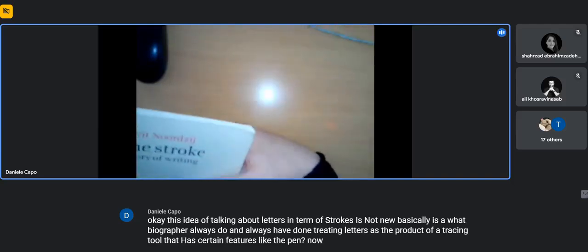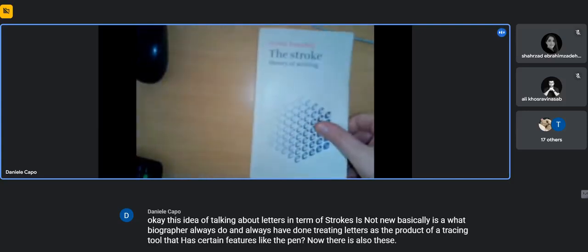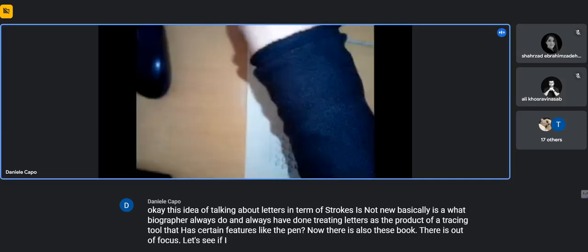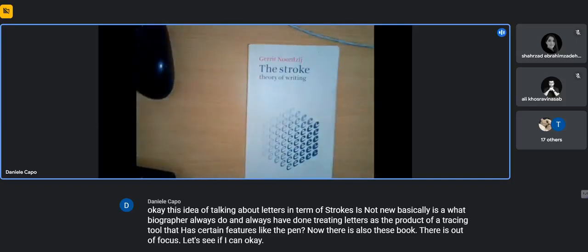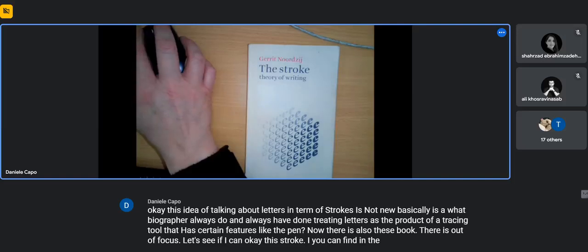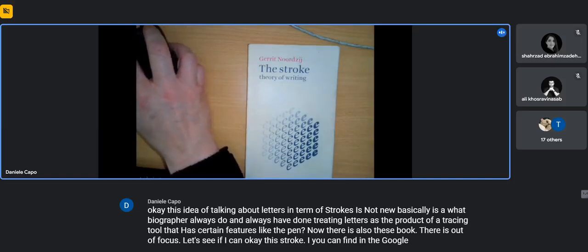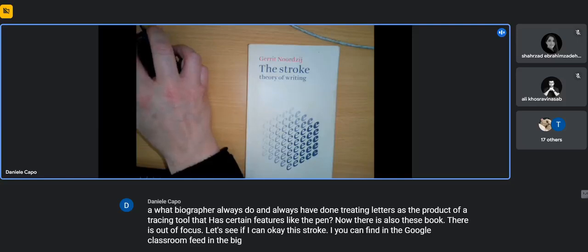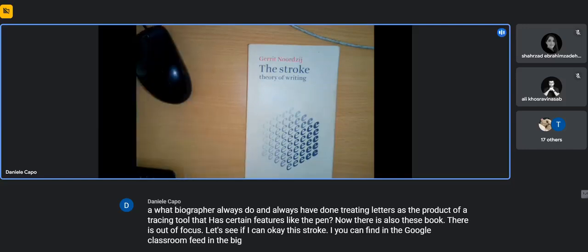Now, there is also this book. Oh, it is out of focus. Let's see if I can. Okay, "The Stroke." You can find it in the Google Classroom feed, in the bibliography.